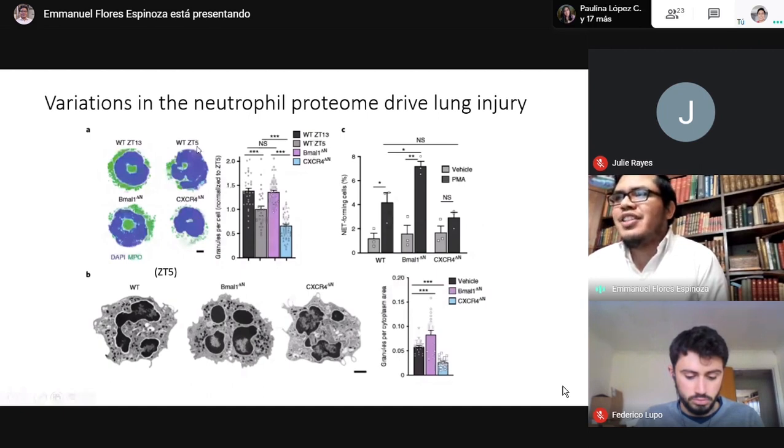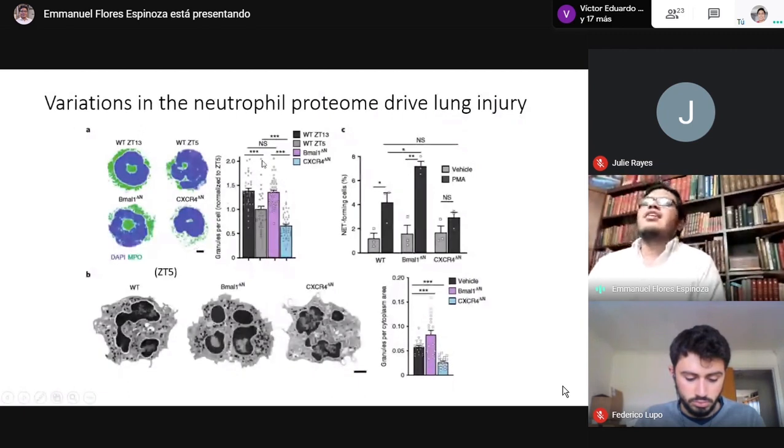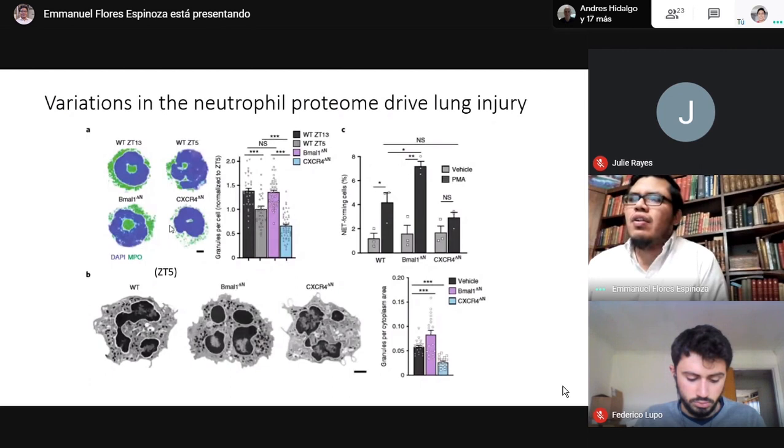But indeed, there are fewer granules in these cells, and we can see that in this graph. And this is interesting, and this is logical, because if you eliminate Bmal1 in these cells, the variation driven by Bmal1 and CXCR2 signaling in a circadian manner is lost, and they always look like night-like neutrophils.